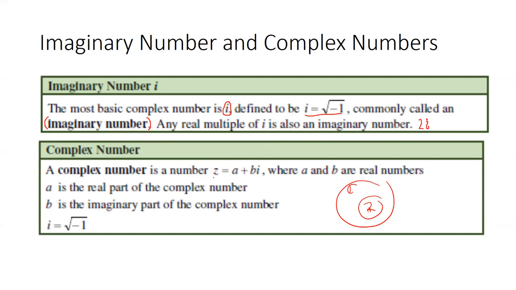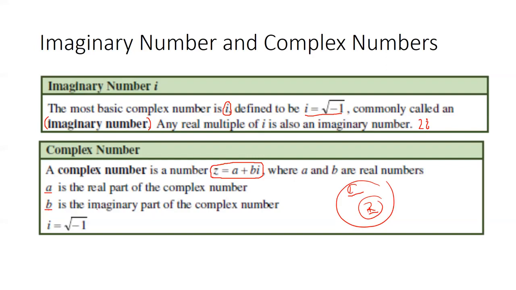A complex number is a number of the form z = a + bi, where a and b are real numbers. a is the real part of the complex number. b is the imaginary part of the complex number. What really happens here is the real numbers are actually contained in the complex numbers, which is kind of neat.